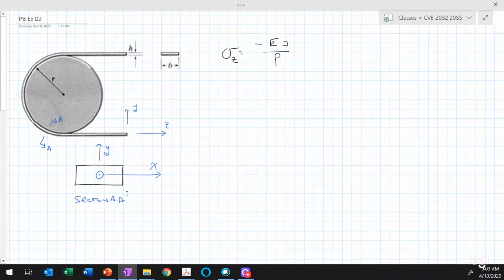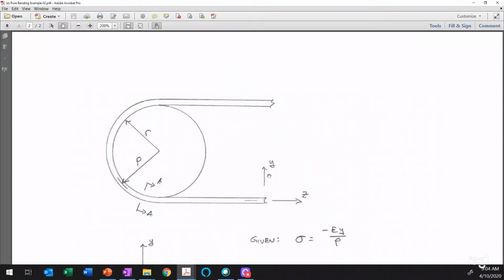Now the radius of curvature rho is different than the radius of the cylinder r. If we look at a drawing that has the strapping drawn a little bit thicker, then you can see the difference here between the radius of the cylinder r and the radius of curvature of the strapping rho.